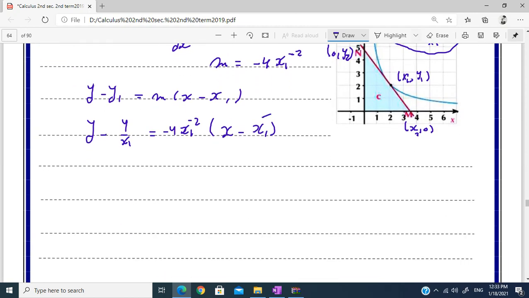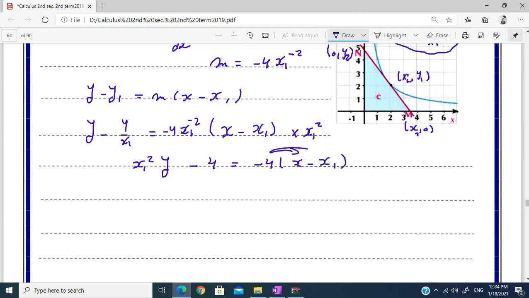So multiply all the equation by x1 power 2. So here you will find that x1 power 2 y minus 4 equals negative 4 times x minus x1.